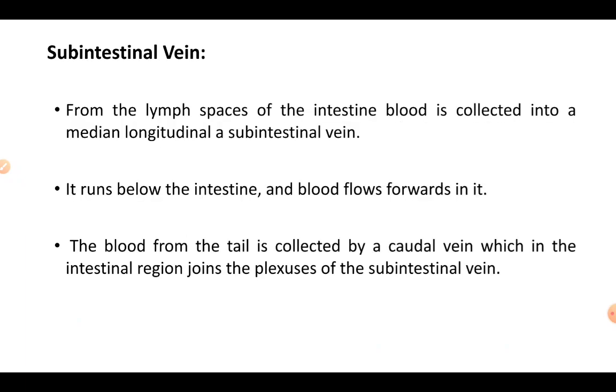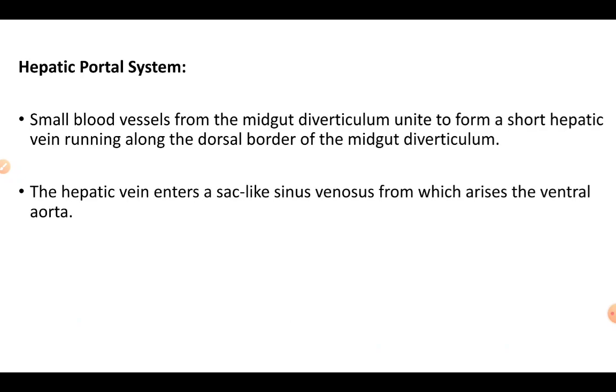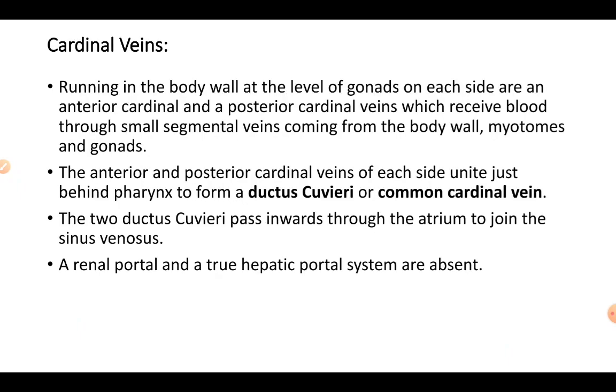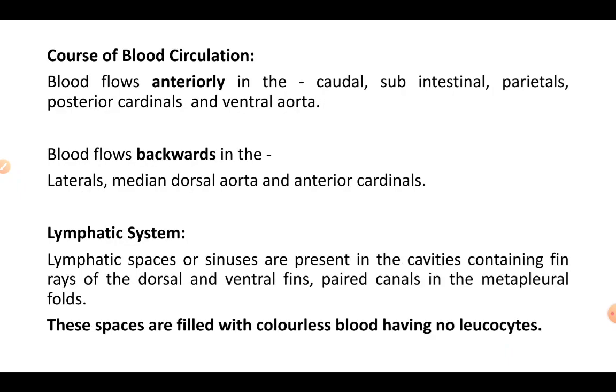We have discussed the subintestinal vein, the hepatic portal system, the parietal veins, and the cardinal veins, anterior cardinal and posterior cardinal, joining to form the ductus cuvieri, or the common cardinal vein, which pours the blood into the sinus venosus.